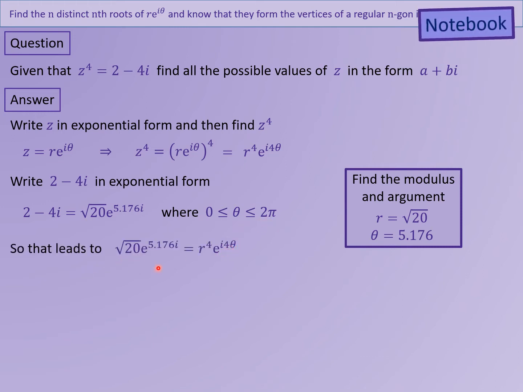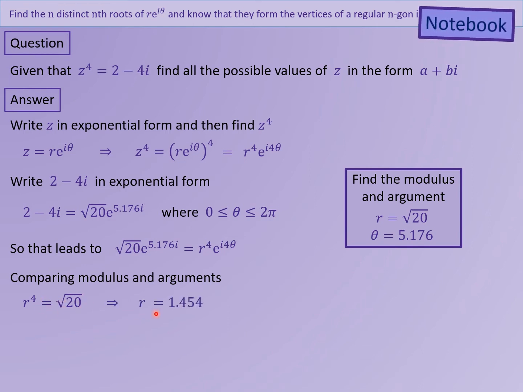So therefore, I can now write this answer. Why does that help? Because now I can start to figure out what the r value is and what the theta value is. So the r value: r to the power 4 is root 20. So therefore, you can do the fourth root of root 20 and the r value comes out to be 1.454.